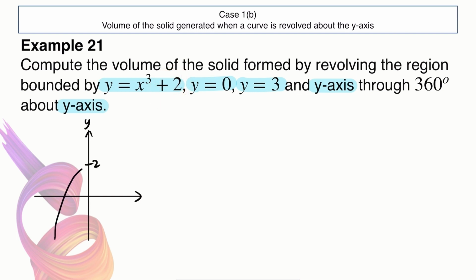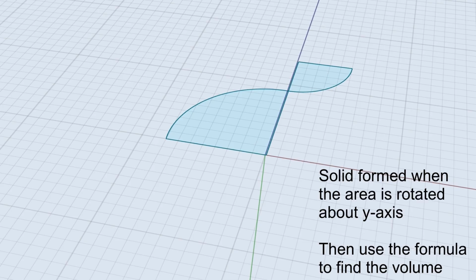The graph will look like this. Now we draw the lines that we have here, y equals 0, and also y equals 3. Now let's highlight the boundary: the curve, y equals 0, y equals 3, and also the y-axis. So there are two areas here.